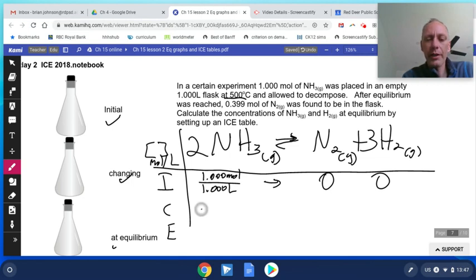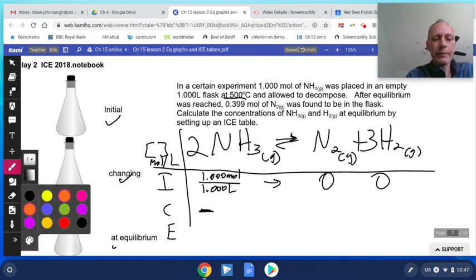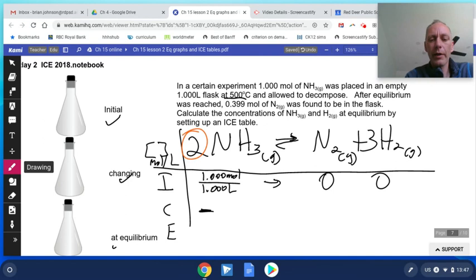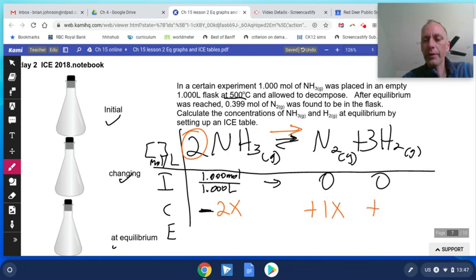So that means we're going to be losing reactant. How much are we going to lose? 2 amounts. Lose 2x. Okay, because it's going forward to reach equilibrium, we're going to make product. How much? 1 amount of nitrogen, and we're going to make 3 amounts of hydrogen.